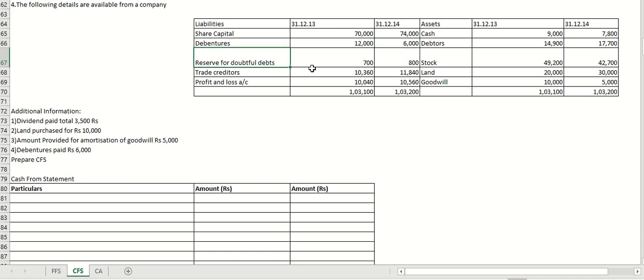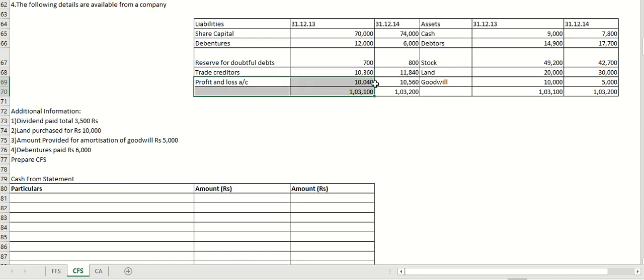The third one is reserve for doubtful debts. Reserve for doubtful debts is a current liability. If it is an increase in current liability, you will add it after your operating profit before working capital changes. Then trade creditors, again a current liability, it has increased, so you will add it.